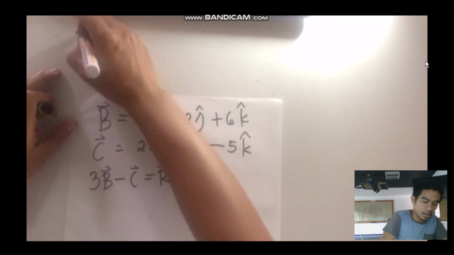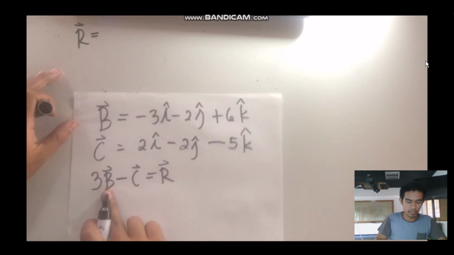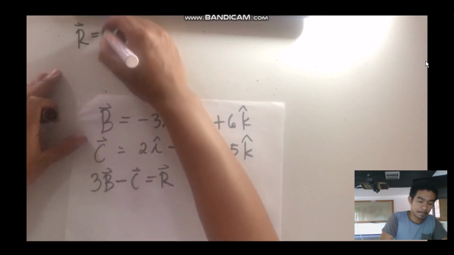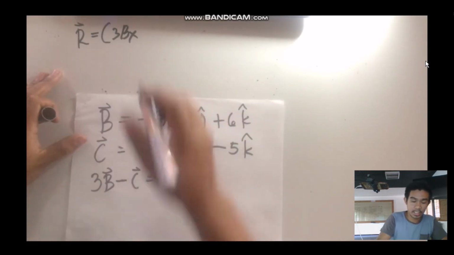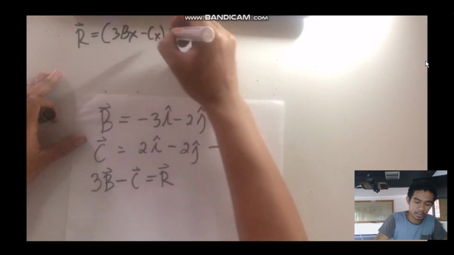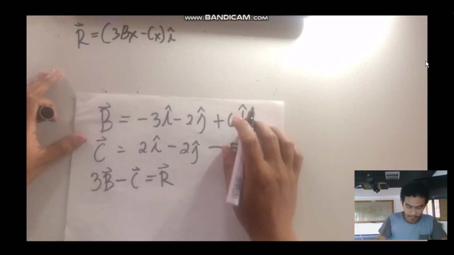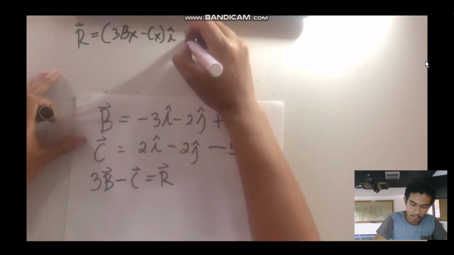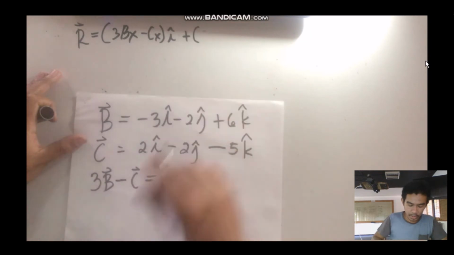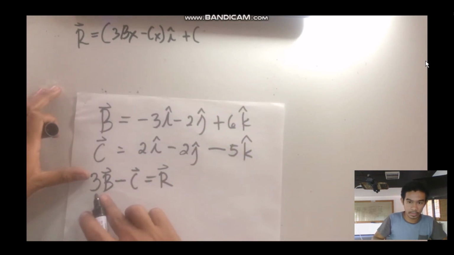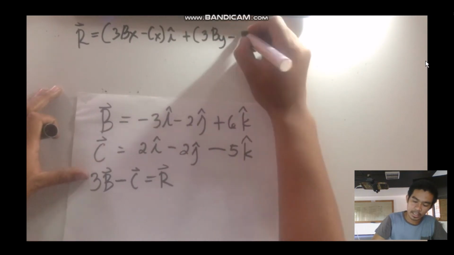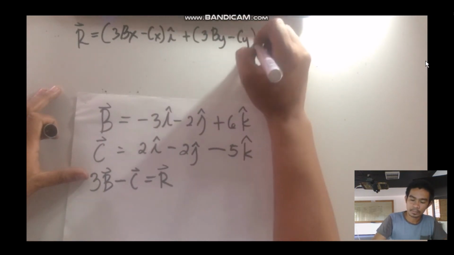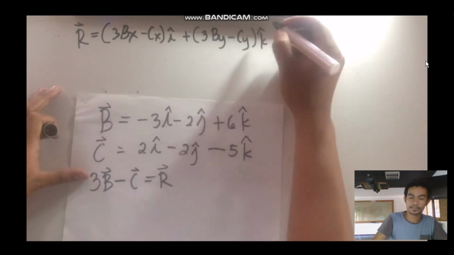So vector R, we start with 3 times vector B, so that is 3 times Bx, minus Cx, I hat, plus for the y component, since this is 3 times vector B, you have 3 times By minus Cy, k hat, right?